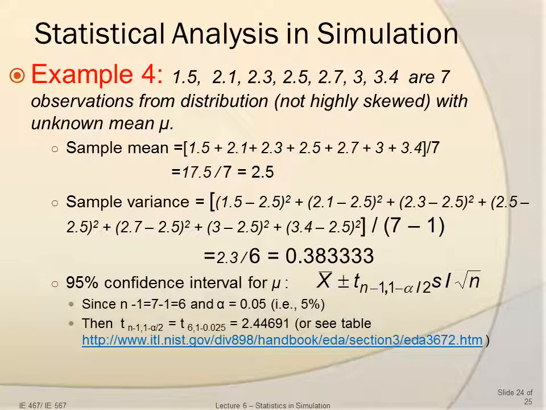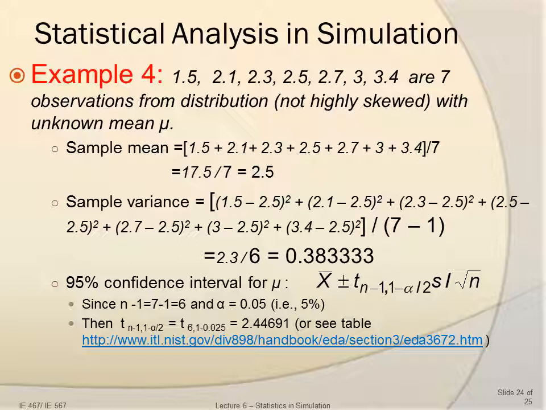Then we also need to find the critical value of the student's t distribution with n minus 1 degrees of freedom, which is 6 degrees of freedom, and we know that alpha is 0.05, so we can find 1 minus alpha over 2 and then plug it in and get the value of 2.4691. You can do it in Excel too.